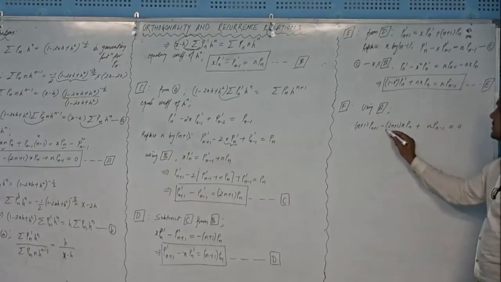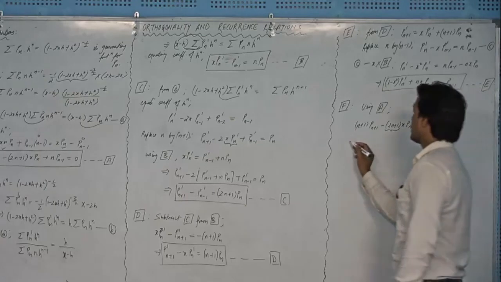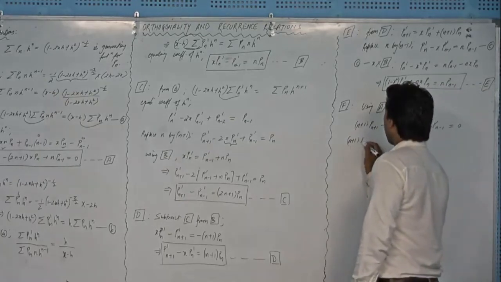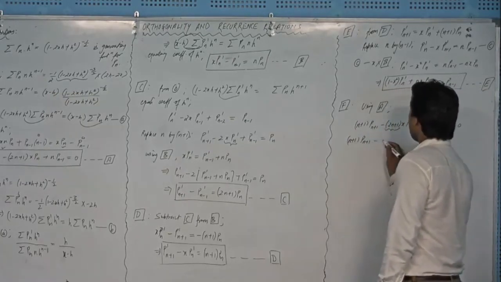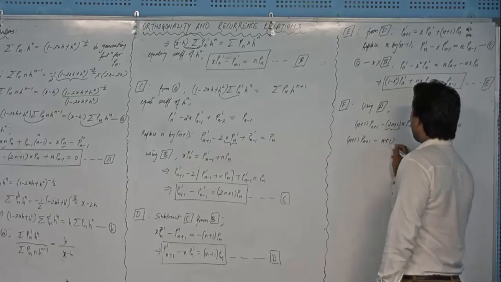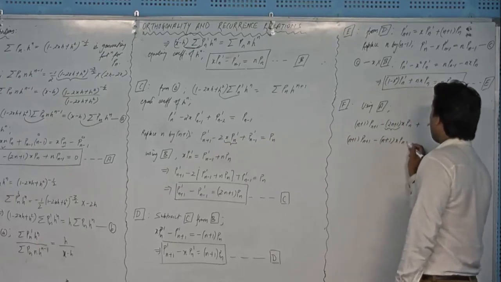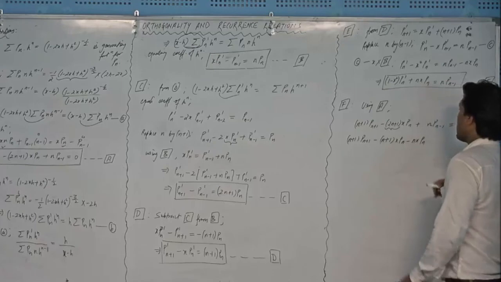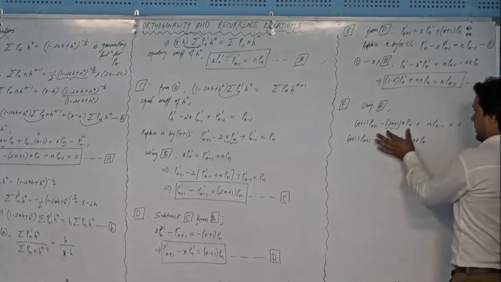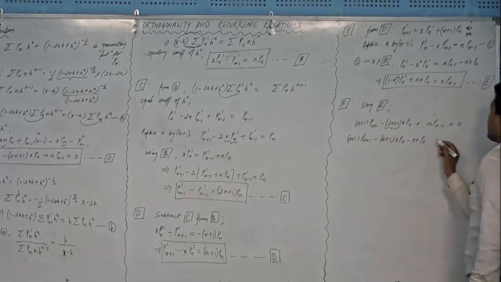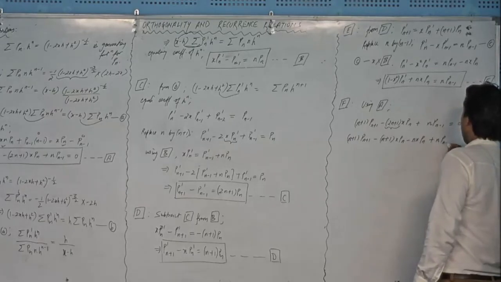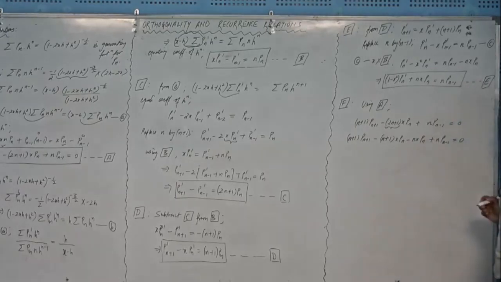So you should split this term: (n+1) P(n+1) minus (n+1) x Pn minus nx Pn, plus n P(n-1) equal to 0, right? You can see that I have broken this term in two terms.